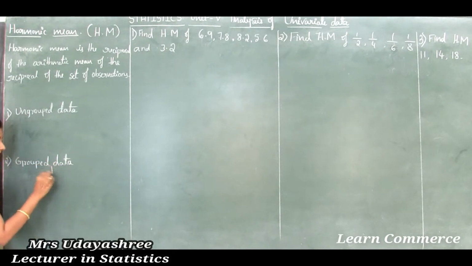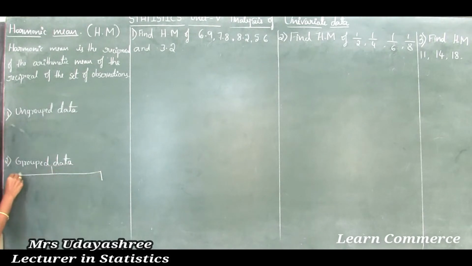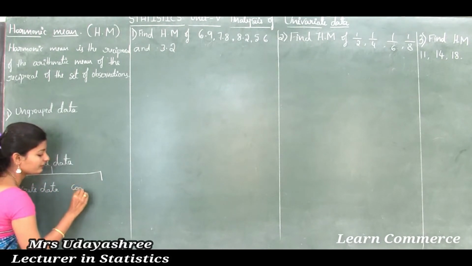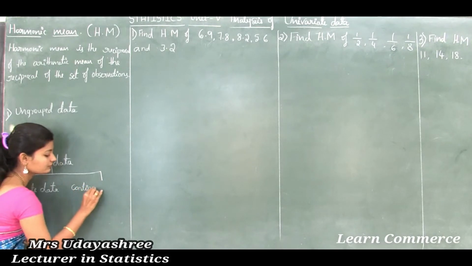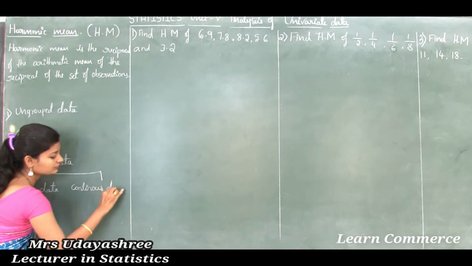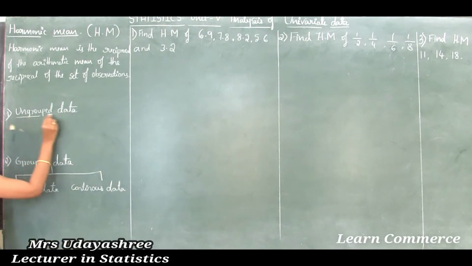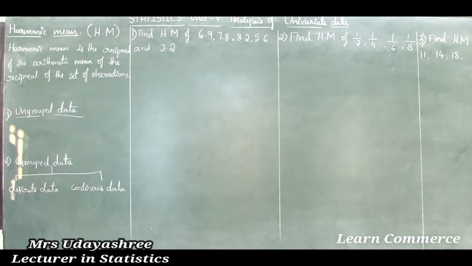In grouped data, there are two types: one is discrete data, another one is continuous data. Okay, let's see the first one, ungrouped data.